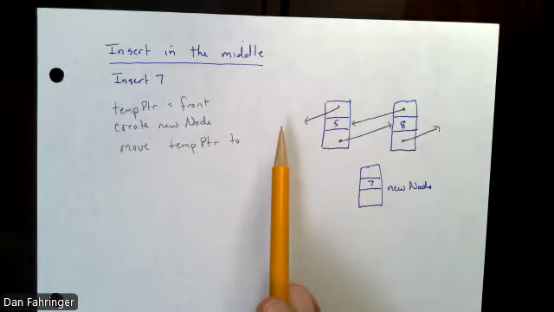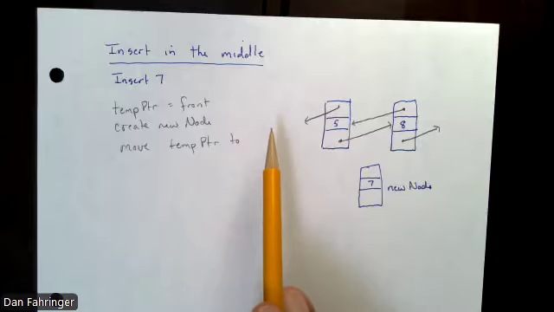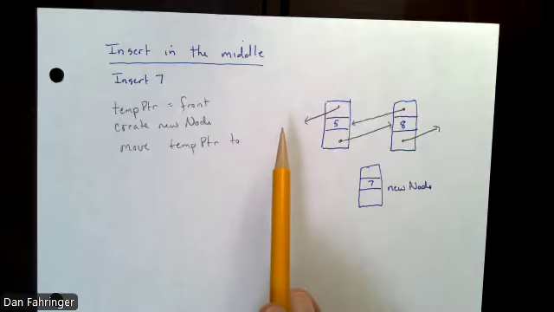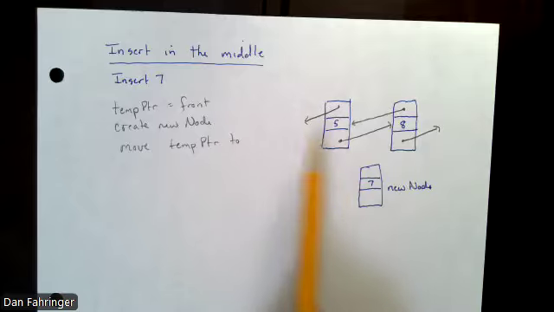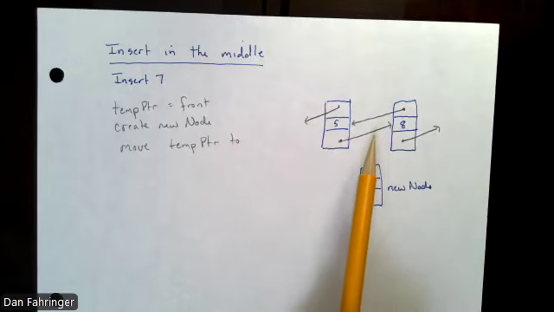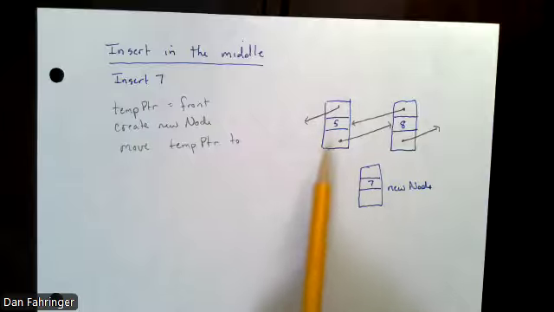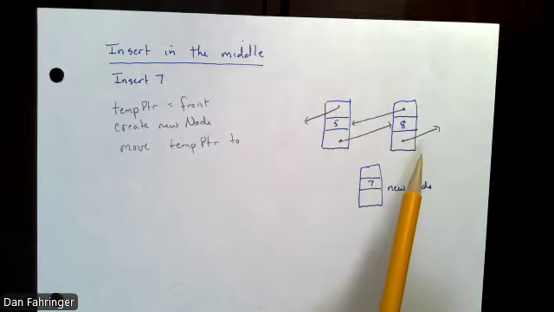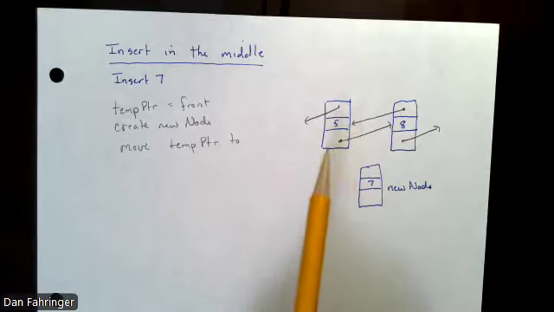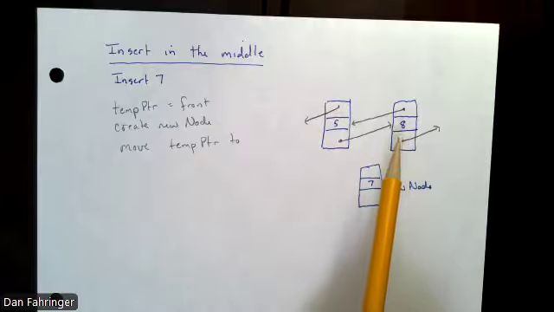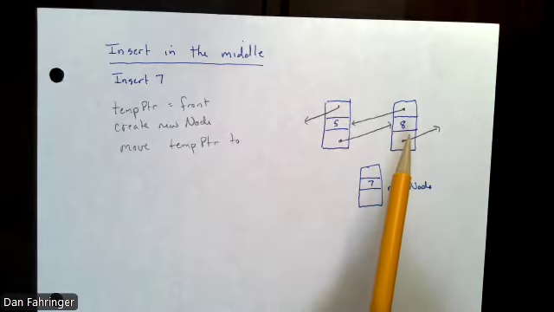If we're starting from the front, I think what you said would insert it in the second spot, in between 5 and 8. How would I get it to here? You would have to check the previous node to see if you're greater than it, and the next node to see if you're less than it. Jack's saying greater than 5 and less than 8. Do I need all of that?